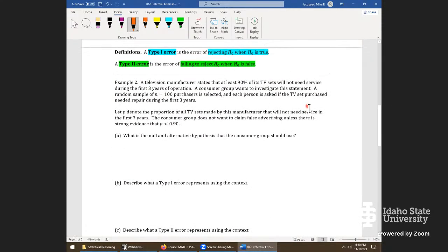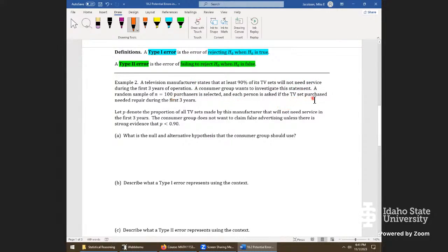Well, let's give it a try right here, starting on this problem. It says a television manufacturer states that at least 90% of its television sets will not need service during the first 3 years of operations. A consumer group wants to investigate this statement, and a random sample of 100 purchasers is selected.